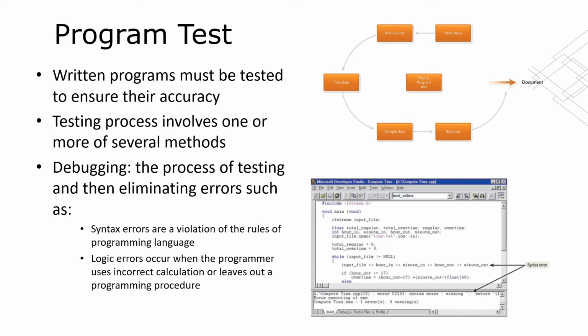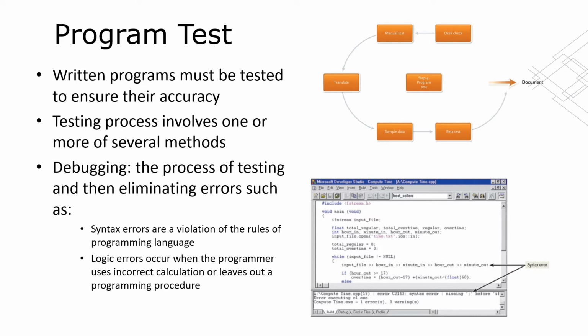Debugging is the process of testing and then eliminating errors such as syntax errors. Syntax errors are a violation of the rules of the programming language. You can see from here, this is an example of syntax error.